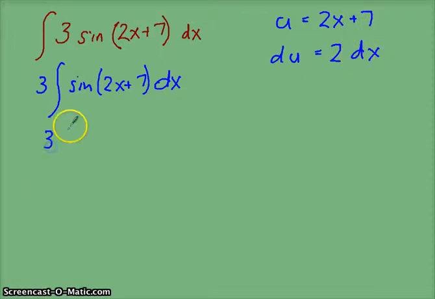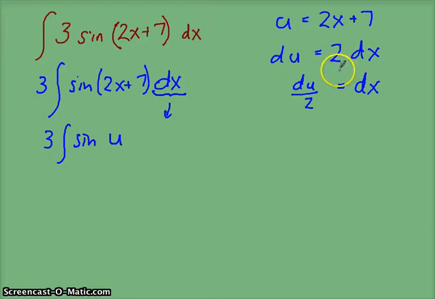So let's see what we have. We've got sine of u, and I want a du somewhere over here. So how am I going to substitute dx? What's dx? All right. dx is du over 2, right? Just divide by 2. Fantastic. All right. And again, I'm going to bring my constant out. So I have 3 halves.